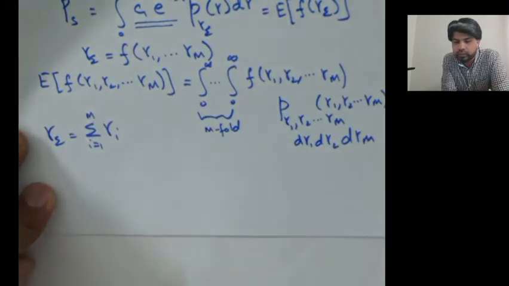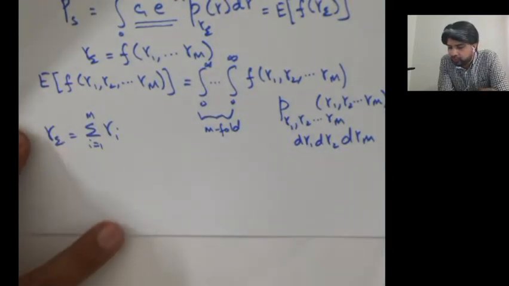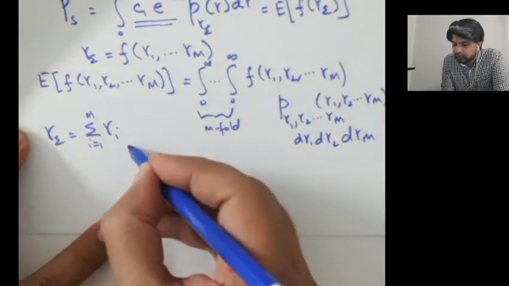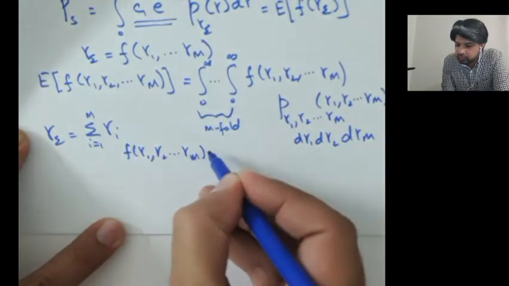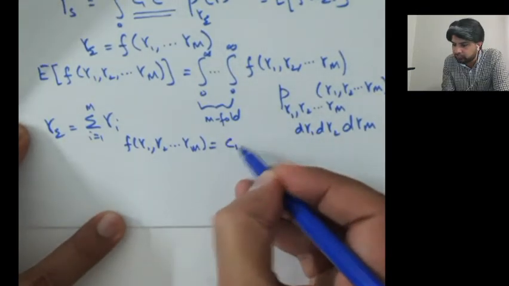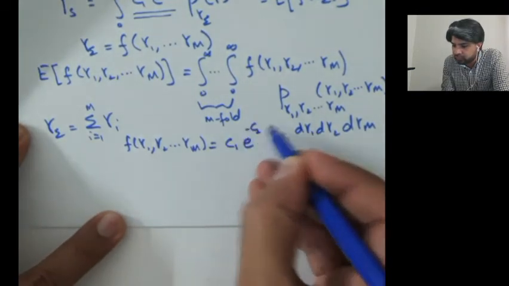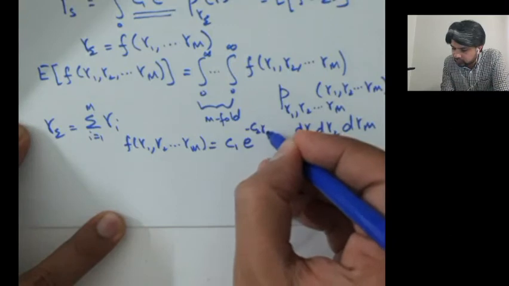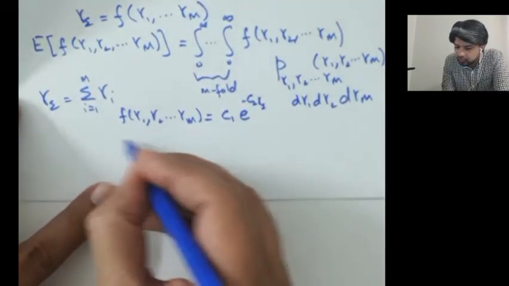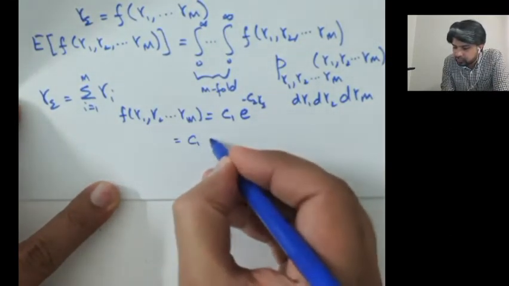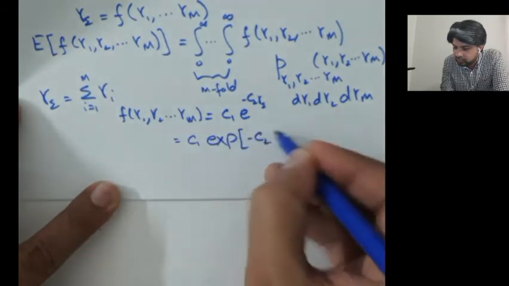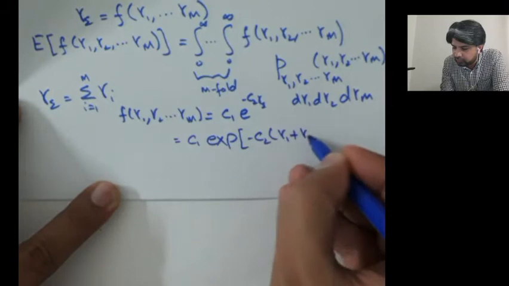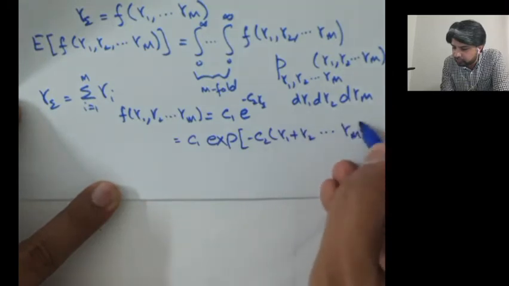In other words, gamma_sigma is gamma_1 plus gamma_2 plus gamma_3 and so on. And your function of gamma_1, gamma_2 all the way to gamma_M, which is equal to C1 e to the power minus C2 times gamma_sigma, would be equal to C1 e to the power minus C2 times gamma_1 plus gamma_2 all the way to gamma_M.